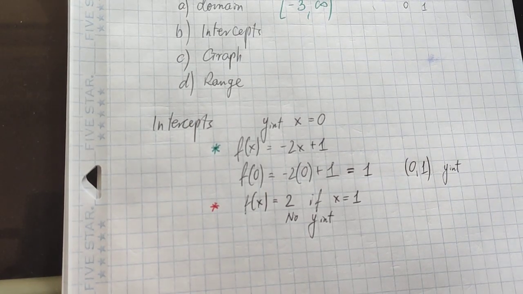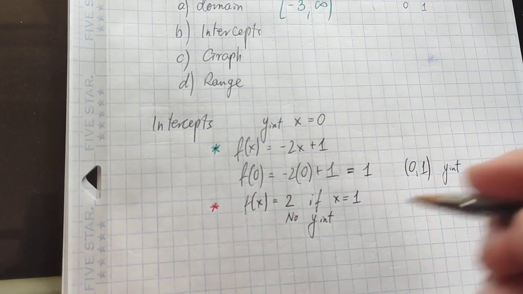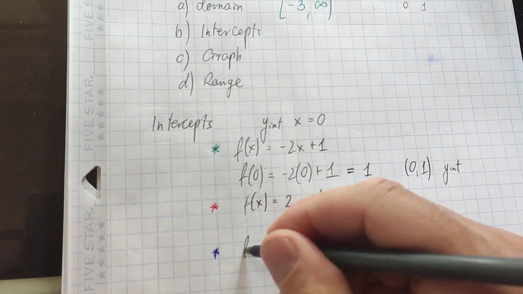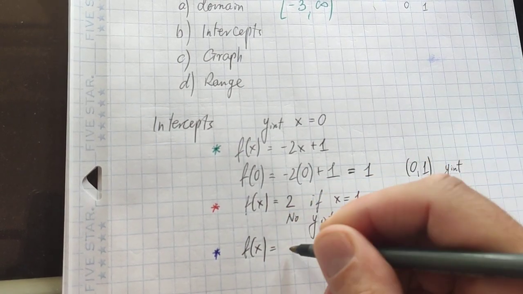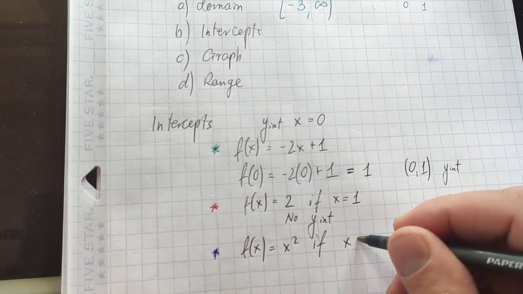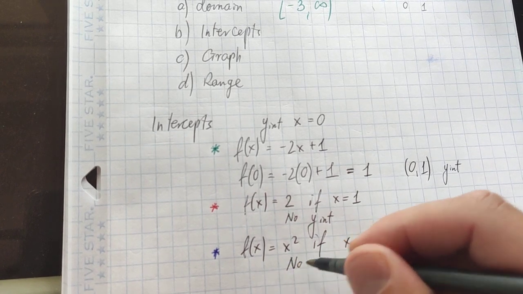Let's do the last one. f of x equals x squared if x is greater than 1. So no y-intercept.